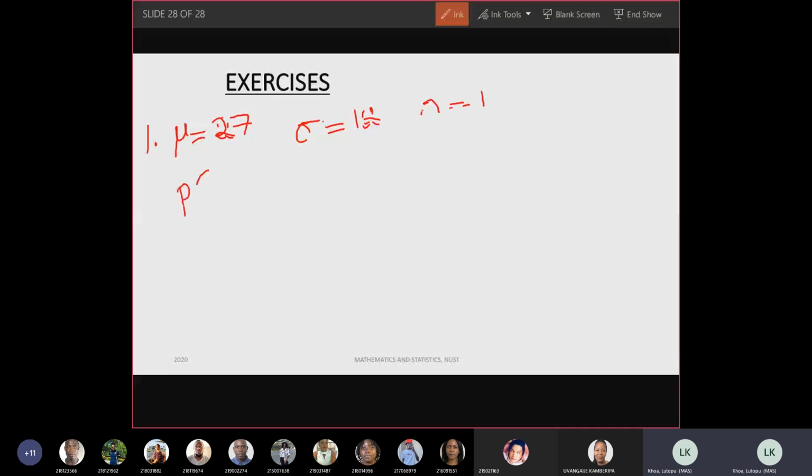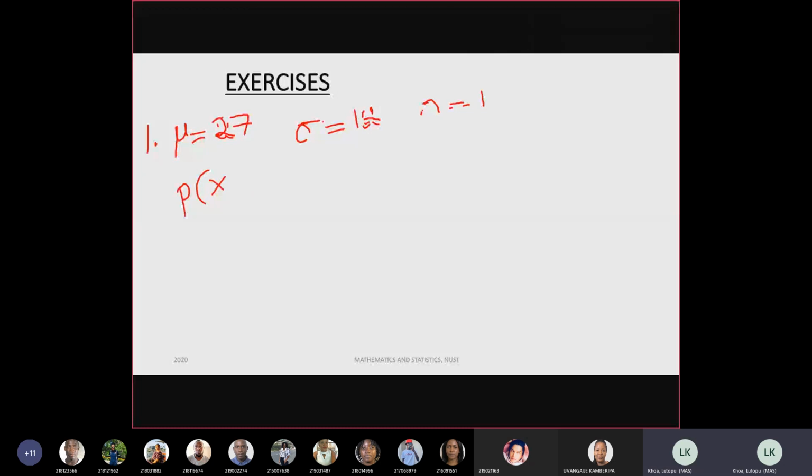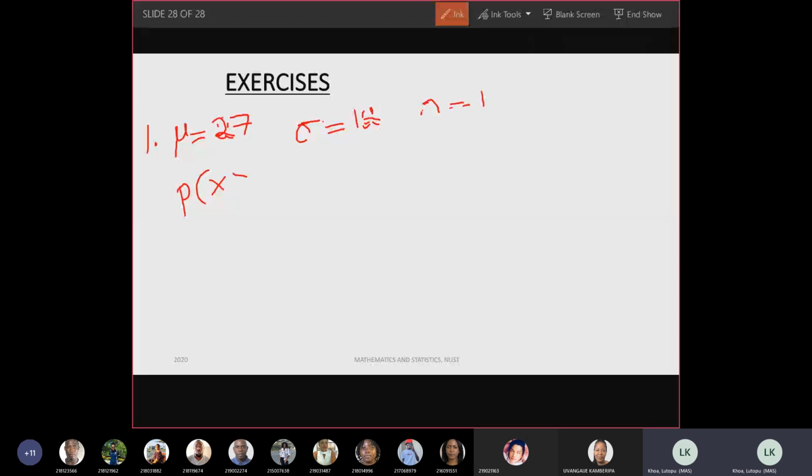And you're looking for the probability that x is greater than 30. The value for greater than or equal to and just greater than will be exactly the same, but it's always good to write it the way it's asked in the question. So I want the probability that a randomly selected individual is more than 30 years.